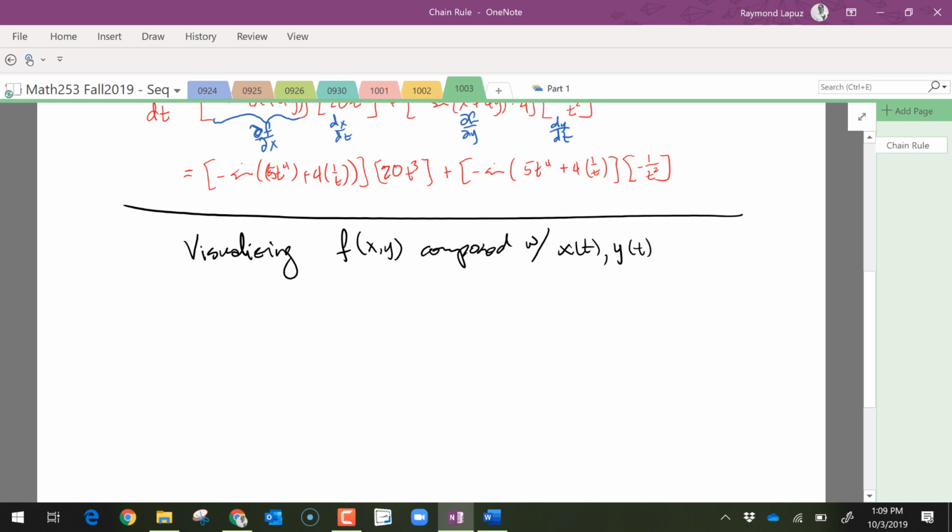So let's use the same function. That would be z is equal to cosine x plus 4y. And then this time, let's lift it up a little bit. Let's lift it up by 2 units so that it's above the xy plane.